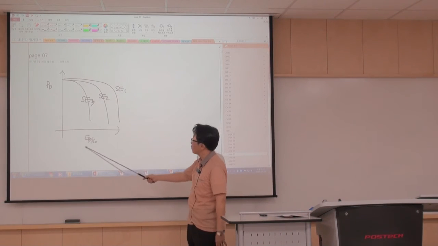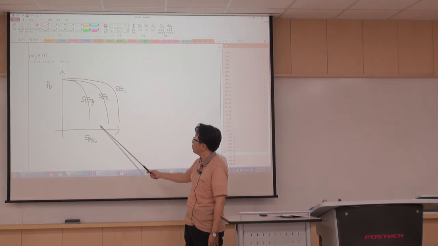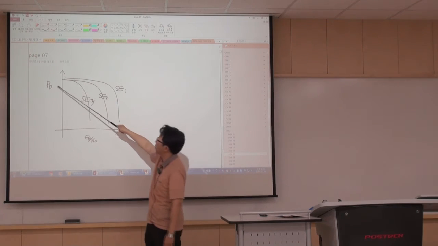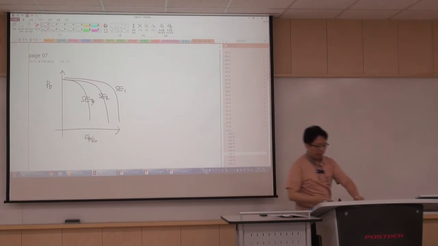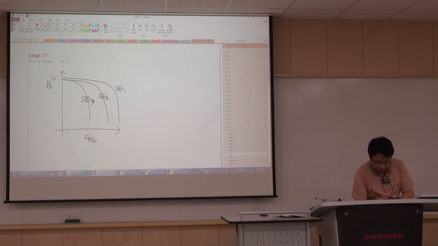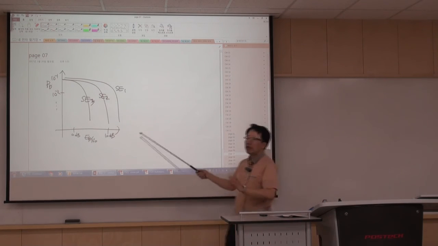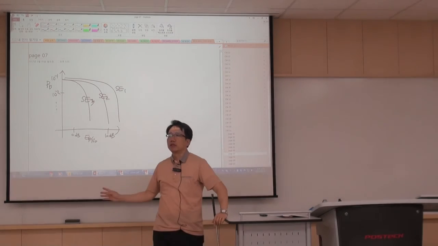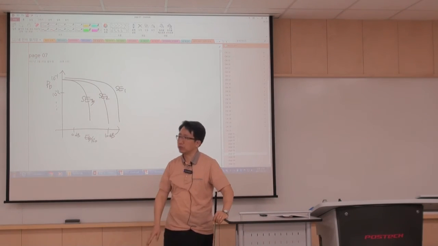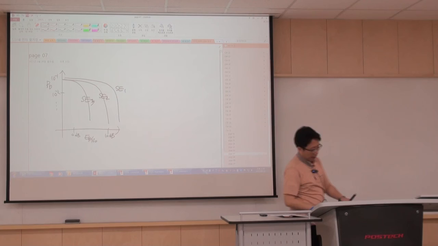In that case, given the same bit energy per noise density, your error rate is very high. By the way, this is log scale.